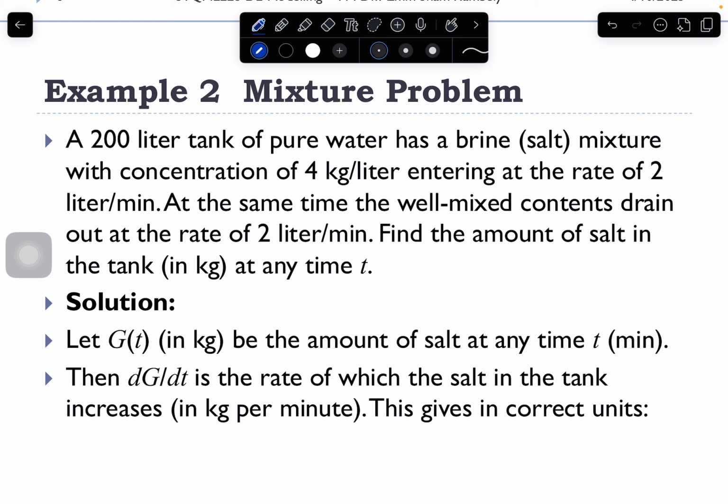A brine mixture, or salt solution, with a concentration of 4 kilograms per liter enters at a rate of 2 liters per minute. At the same time, the well-mixed contents drain out at a rate of 2 liters per minute. Again, this is the question: you have to find the amount of salt in the tank at any time t.